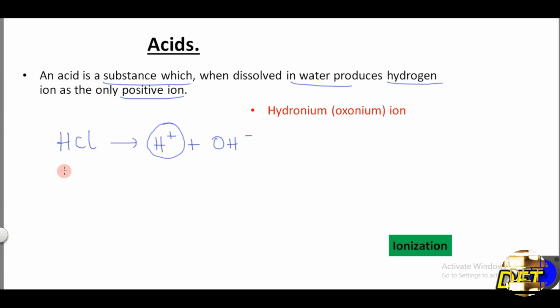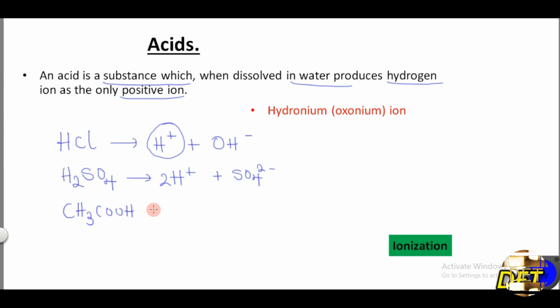Also, when an acid like tetraoxosulphate(VI) acid, H2SO4, dissolves in water, it ionizes to produce hydrogen ion and tetraoxosulphate(VI) ion. And this is the only positive ion that is produced. We can also have ethanoic acid, CH3COOH.